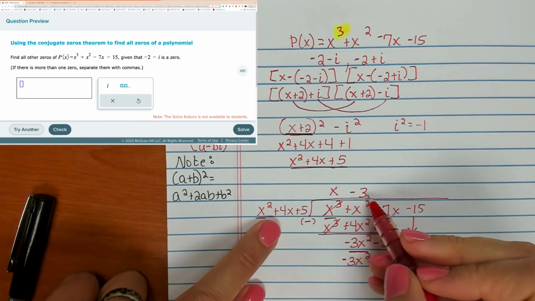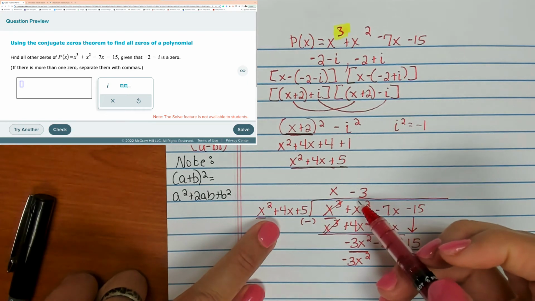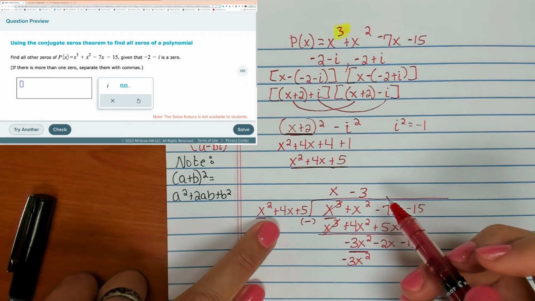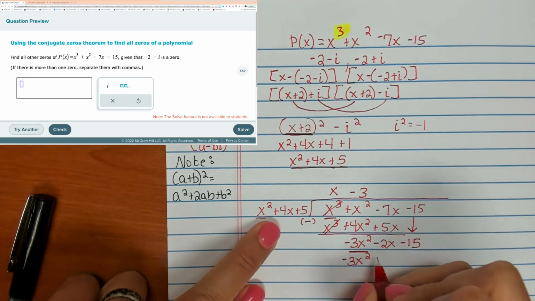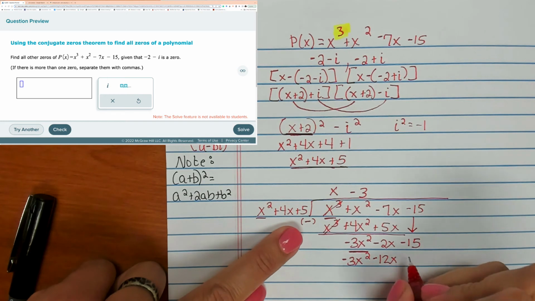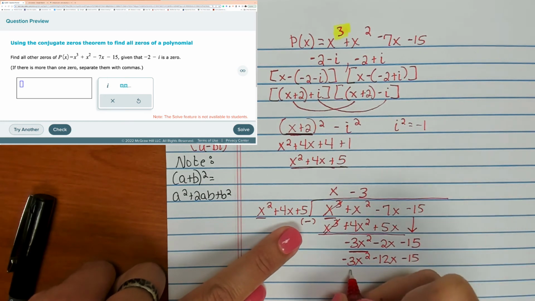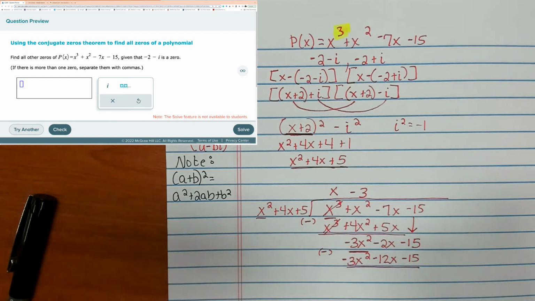A negative 3 times 4x will give me negative 12x. Ooh, I messed up. And I see what I did. So we'll fix that. And then negative 3 times 5 gives me a negative 15. And then if I subtract this, it is supposed to give me 0.